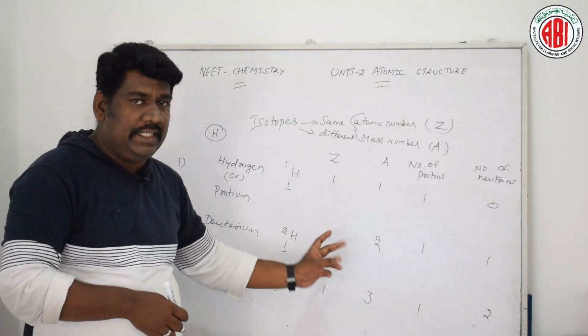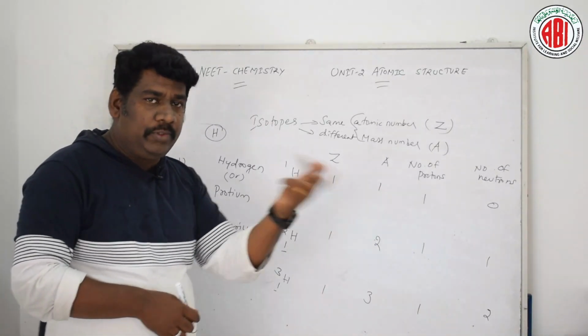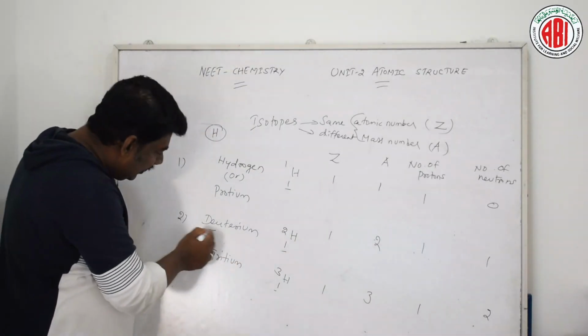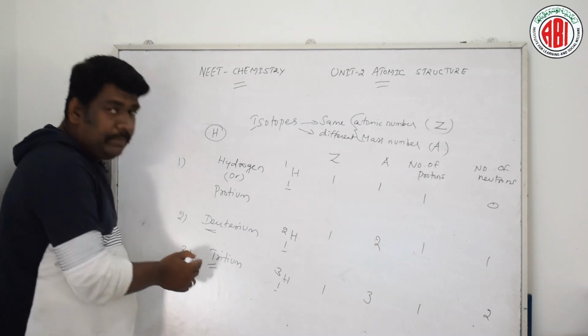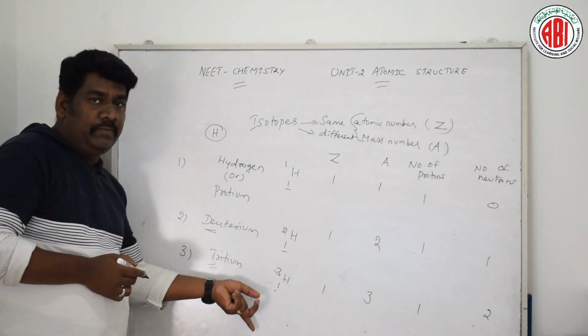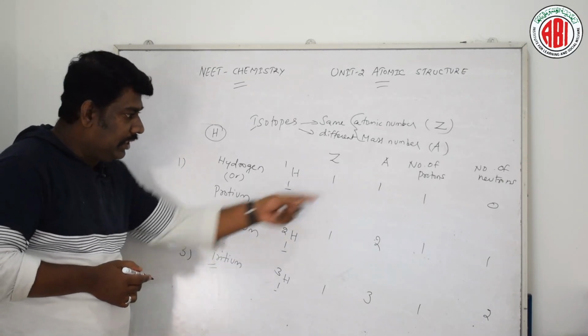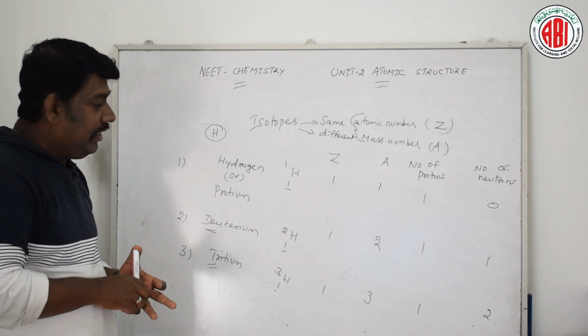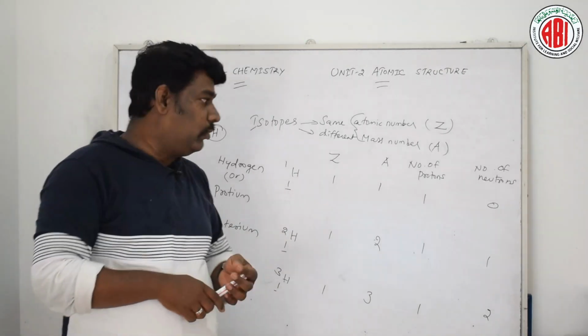That is the reason we call it deuterium, since deu relates to the number 2, and tri is nothing but 3, so we call it tritium. So 1, 2, 3 are the different mass numbers of the hydrogen isotopes.